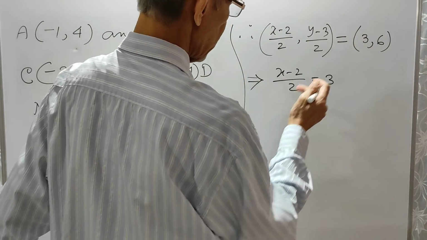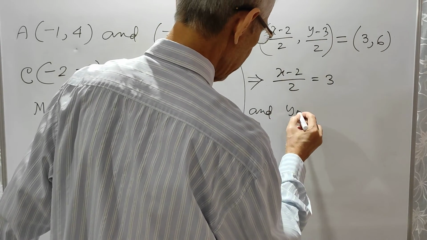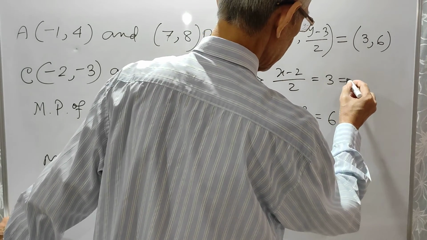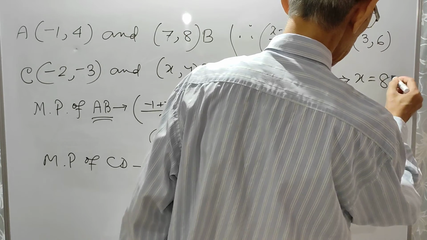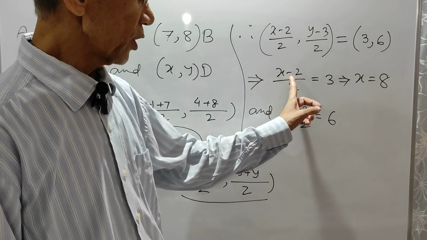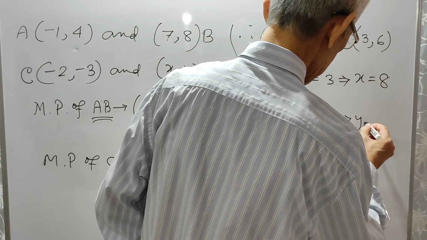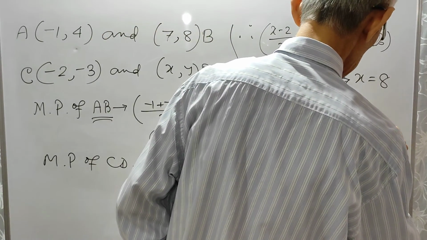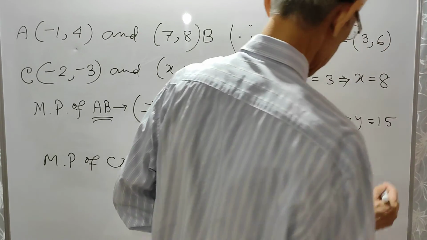So here we get (x minus 2) by 2 equal to 3 and (y minus 3) by 2 equal to 6. So x minus 2 equal to 6, so x equals 6 plus 2, which is 8.